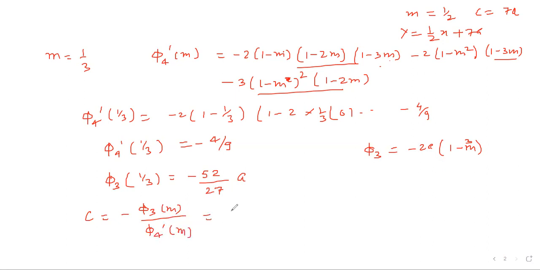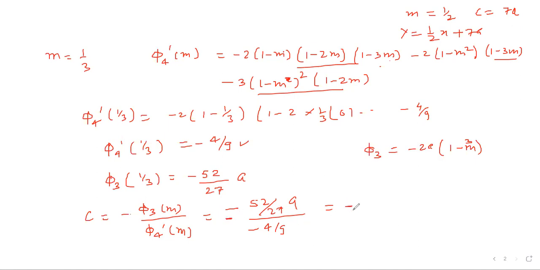So we put the values minus 52 by 27a divided by minus 4 by 9. Here this value is negative, this value is negative, and here in formula there is already one negative sign. So there are 3 negative signs.